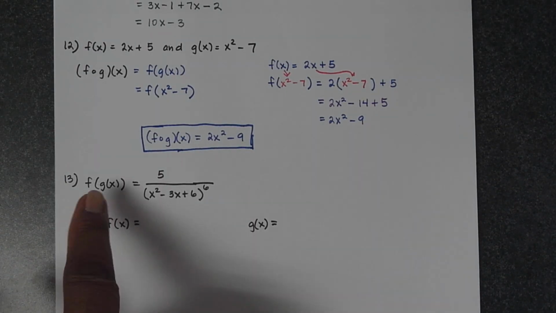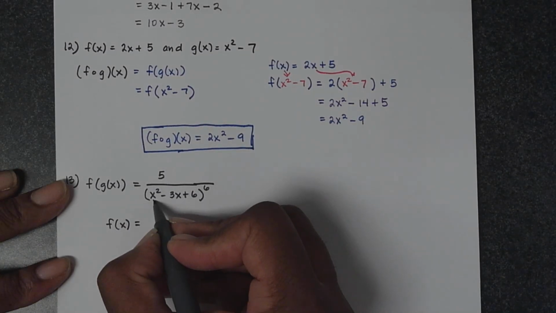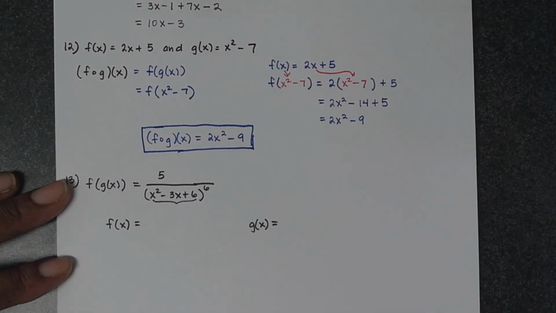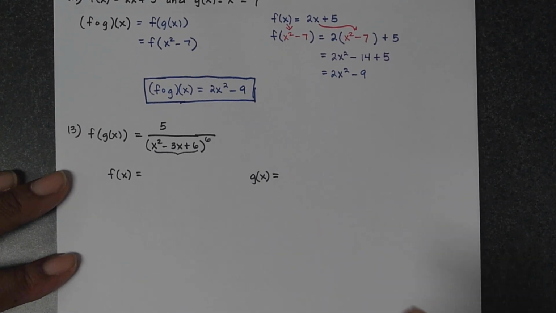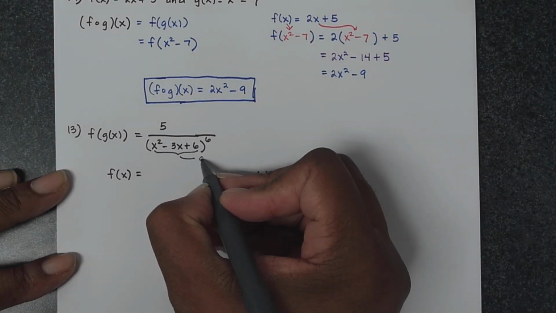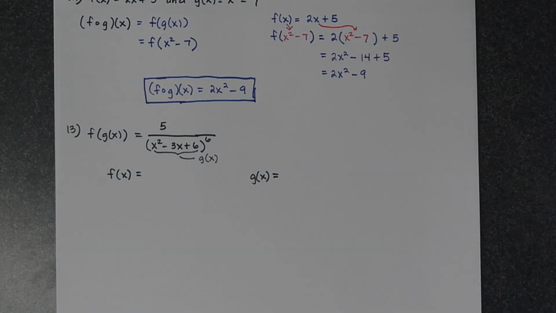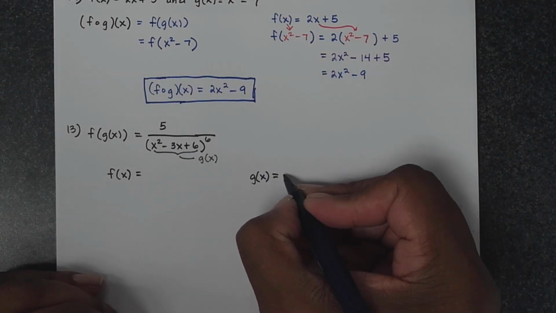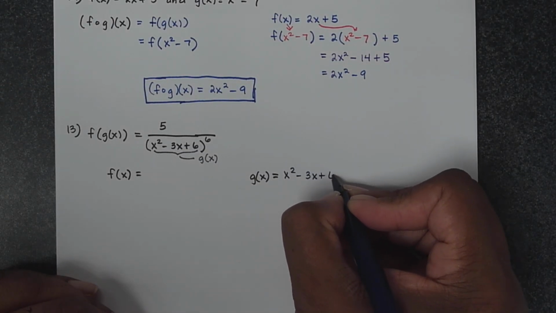Now, in this case, the g of x is always the inside function, which means if I take this x squared minus 3x plus 6, I'll treat that as the inside function, because that's going to be what g of x is. So that means g of x will be the x squared minus 3x plus 6.